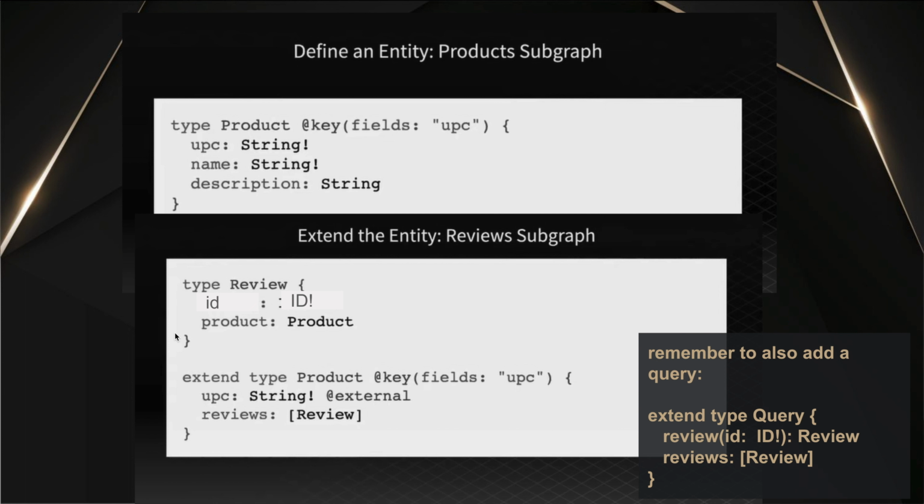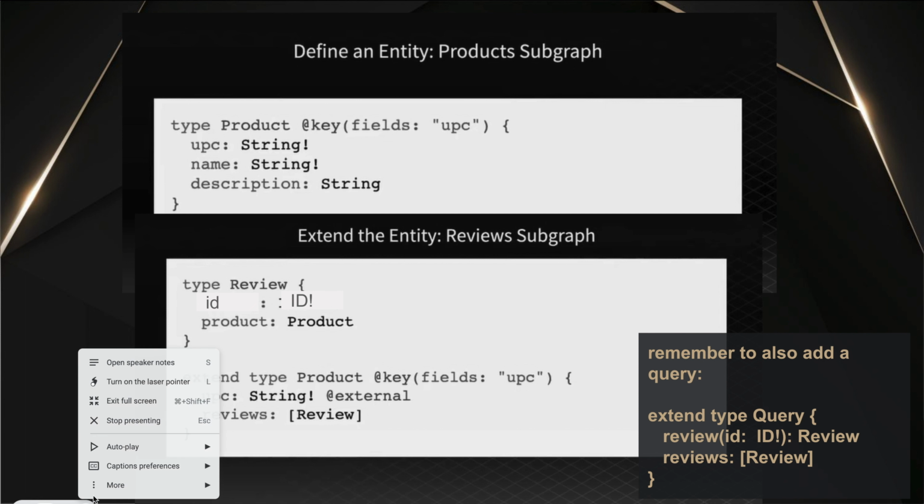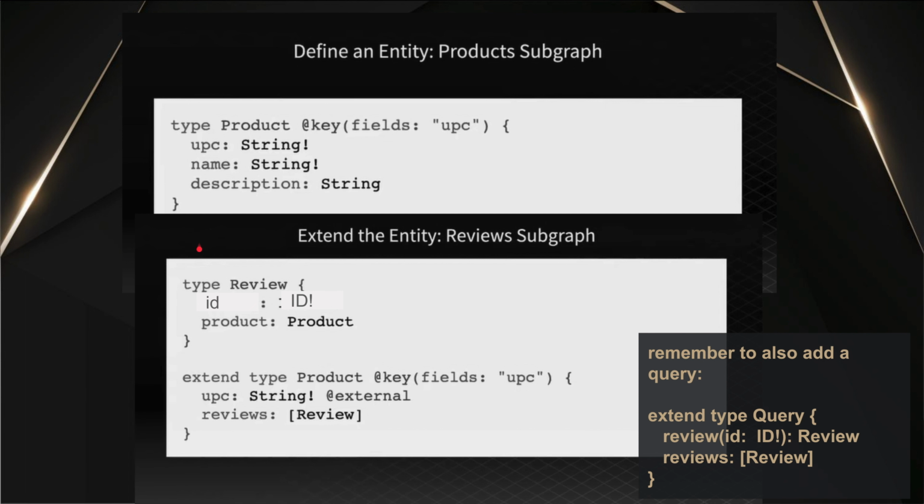So we have the review type, and notice that the review type is not an entity because it doesn't have the @key directive. So in the review subgraph, we've defined the review type. Next, we're going to be extending the product type.